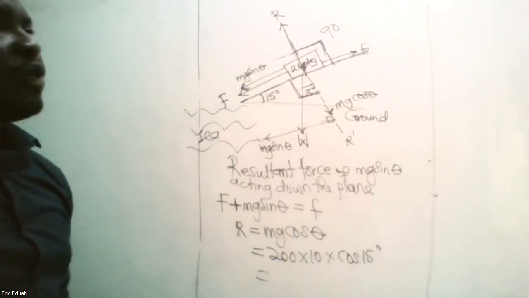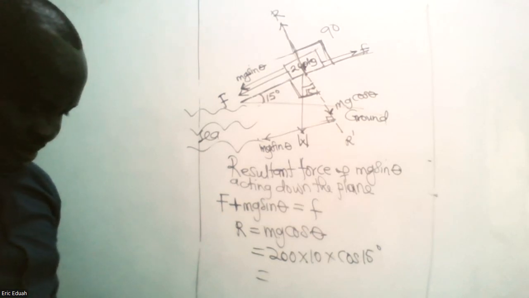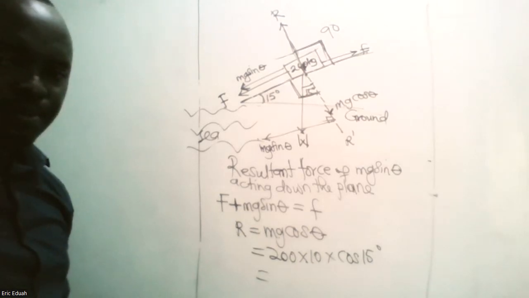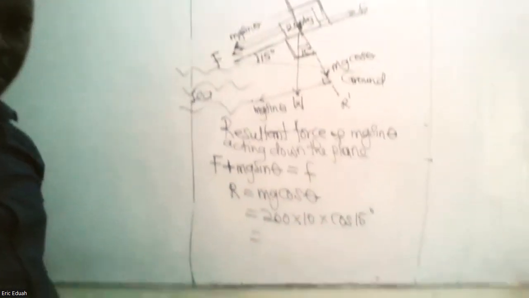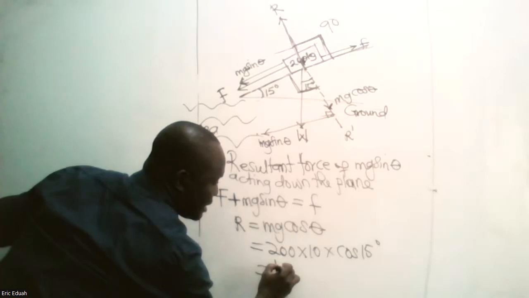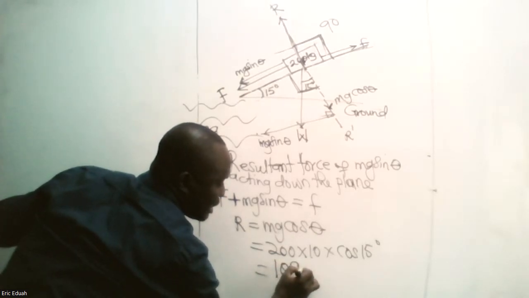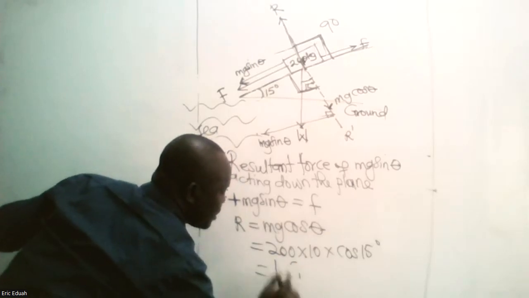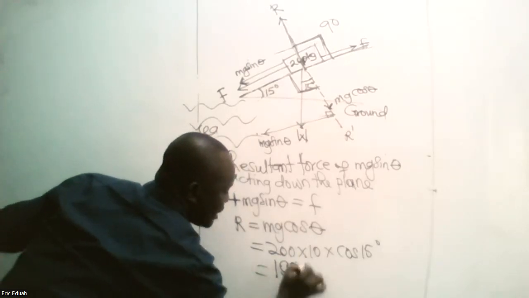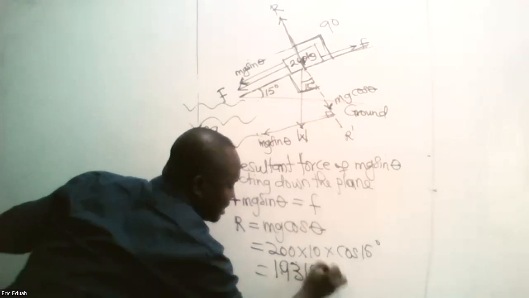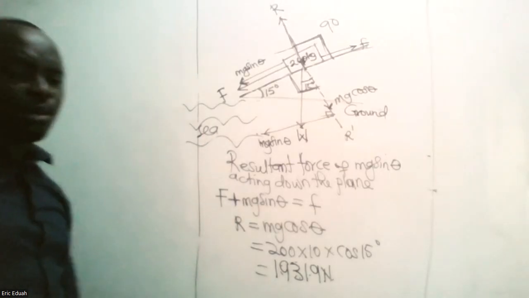I need the answer in 1 decimal place. This is 1,931.9 Newton. So that's the normal reaction.